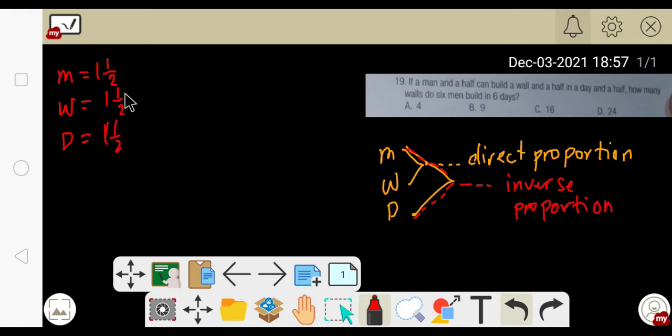I don't really want to have it in a mixed fraction, so let's say this is equal to 3 halves. Then this one also is 3 halves and 3 halves.